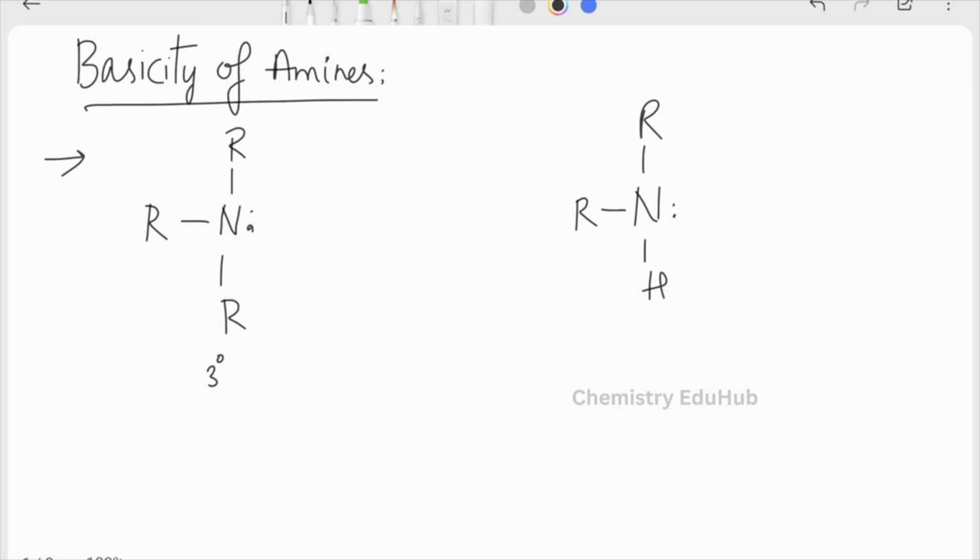So here is the tertiary amine and secondary amine. Naturally, since more plus-I groups are there in the tertiary amine, this has to be more basic compared to the secondary amine because it has only two R groups. But in aqueous solutions, there is a factor that is affecting the basicity of the tertiary amine. What is it?